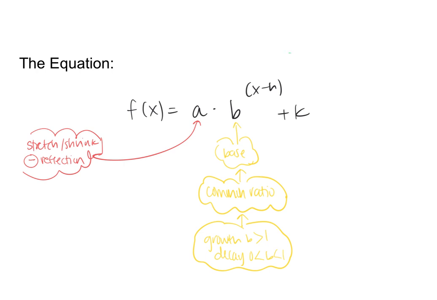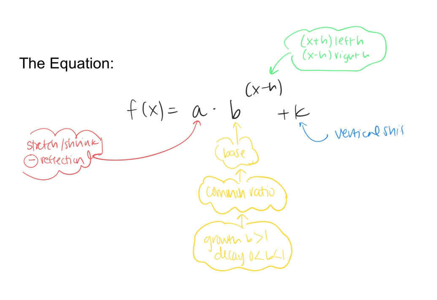X minus h indicates a horizontal shift, kind of like we saw with other functions. X plus h indicates a shift left h units. X minus h indicates a shift right h units. And then last but not least, the plus k on the end indicates a vertical shift. So we'd go up k units, and down for negative k units.